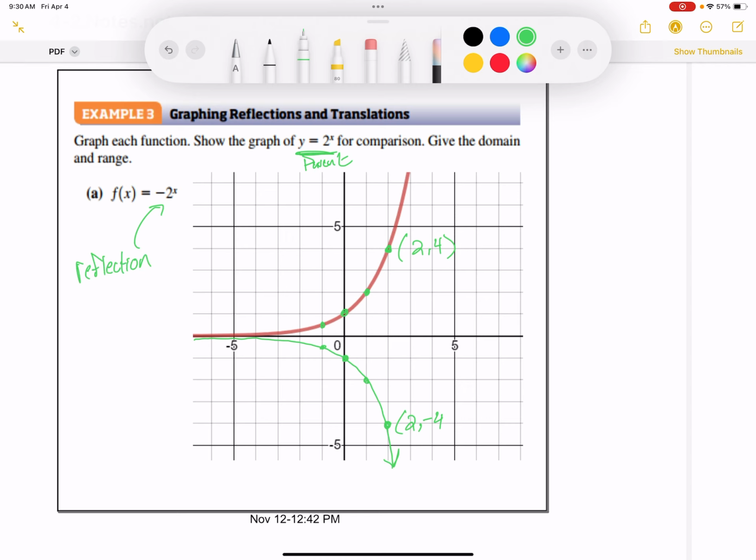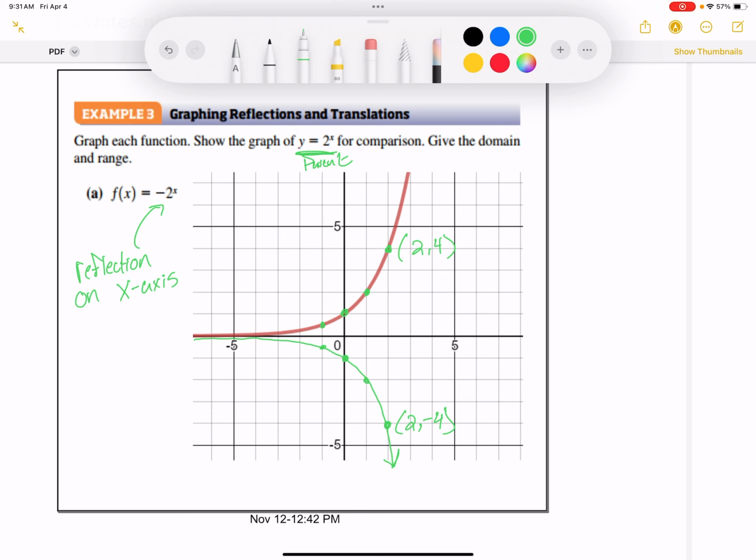Reflection on, not your y-axis. People get that confused because they're like, well, it affects your y values. It does. But when you change your y value from negative to positive, it reflects on the x-axis. That's actually a y value change.